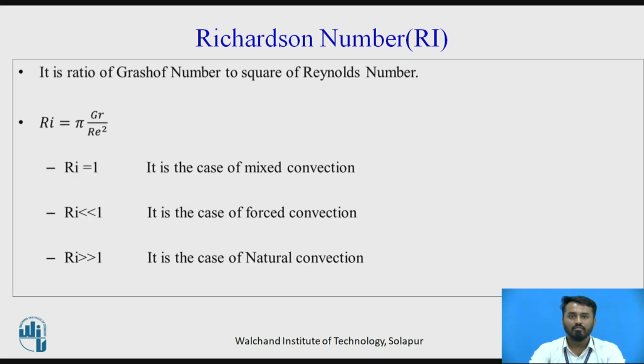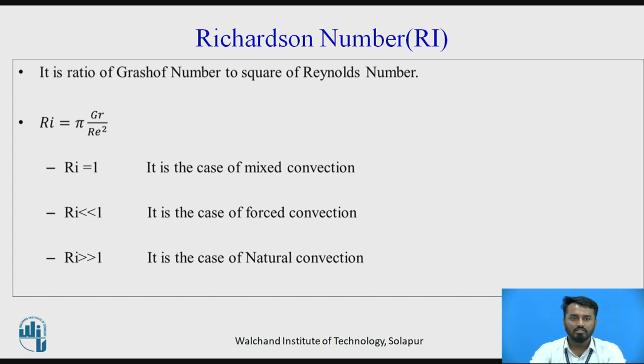After that we have the Richardson number, denoted by Ri. The Richardson number is the ratio of Grashof number to the square of Reynolds number. To know whether the fluid flow is due to forced convection or natural convection, it is decided by the ratio of these numbers, Grashof number to the square of Reynolds number.